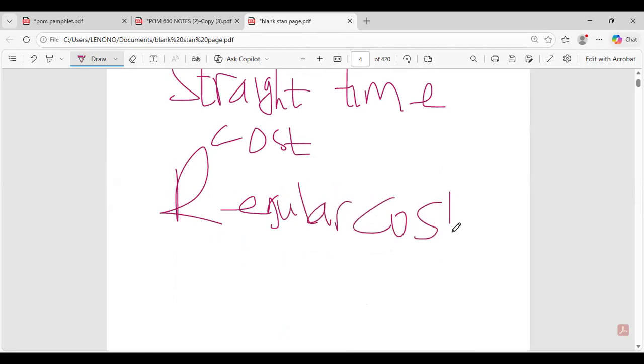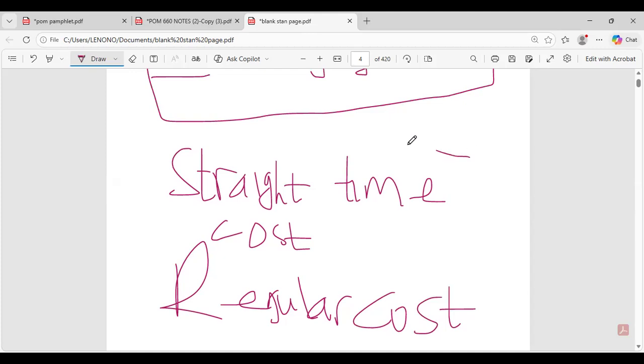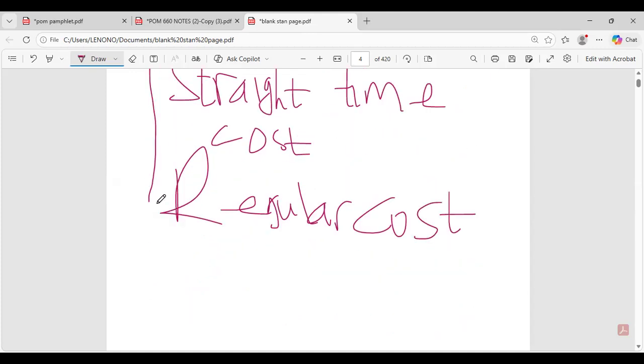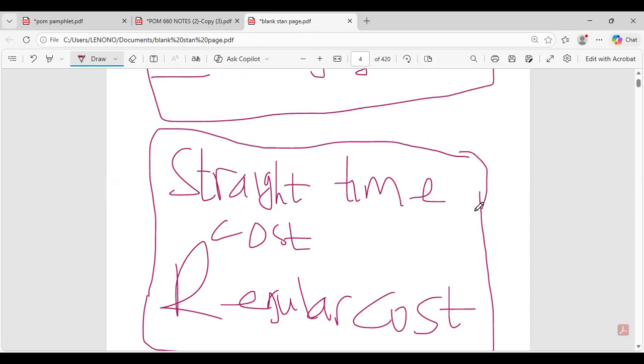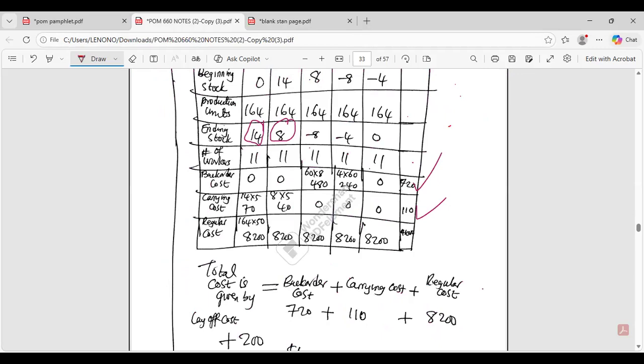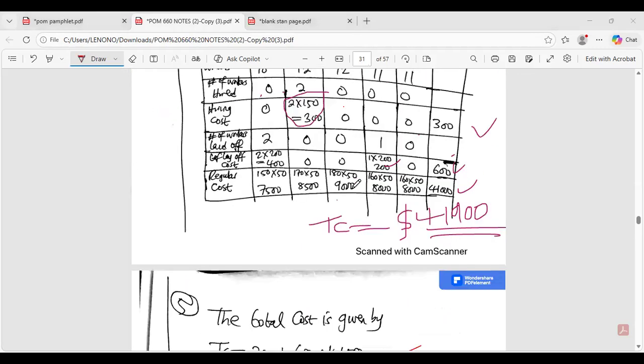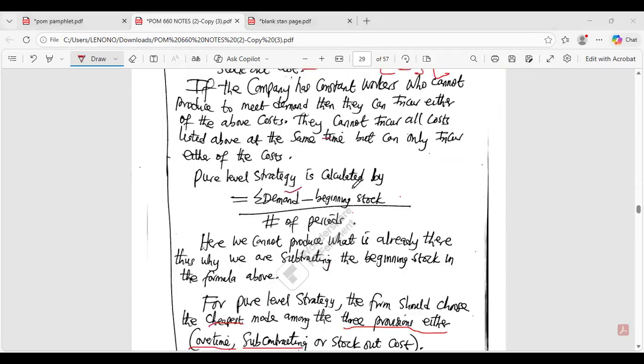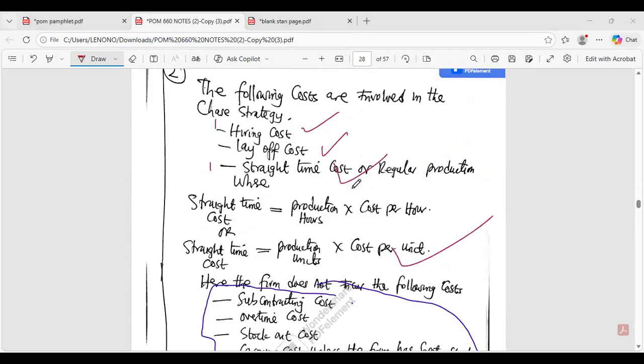Are we together? Are you with me? Straight time cost is also called what? Regular cost. So I mentioned to you that straight time cost, regular cost, the formula is equal to production units multiplied by cost per unit, or production hours multiplied by cost per hour.